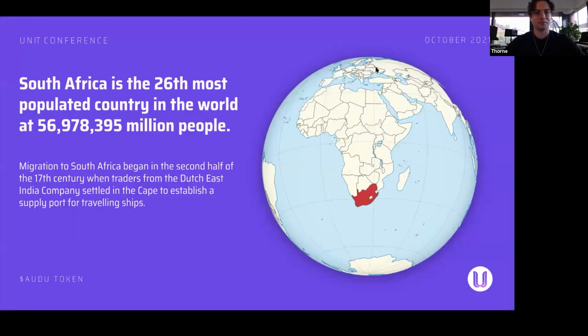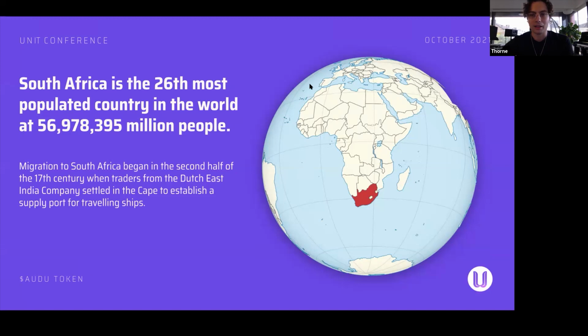Let's dive into it. So South Africa is the 26th most populated country in the world at 56.9 million people. And as you can see here, it's just right at the bottom of the African continent. And so migration to South Africa actually began in the second half of the 17th century, when the Dutch East India Company settled in the Cape to establish a supply port for traveling ships.